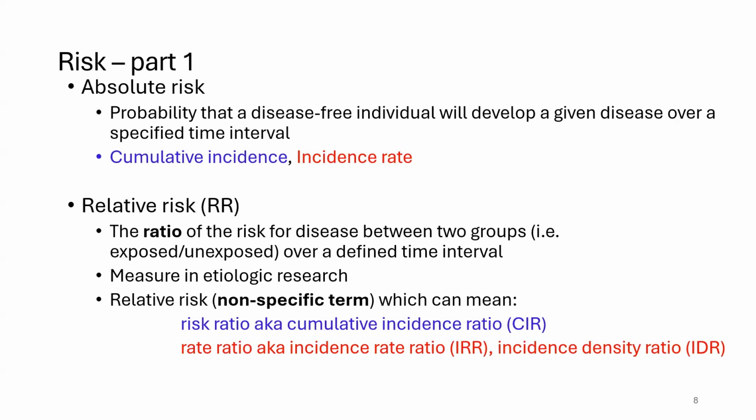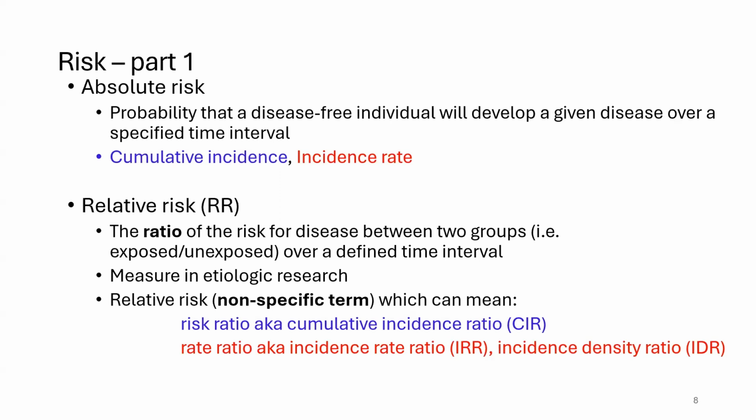So we have this idea of absolute risk, relative risk, and risk differences. So absolute risk is what we've really already talked about. These include our key measures of cumulative incidence and incidence rate. These measures help us to really identify the probability that somebody will develop a disease over a specific time.